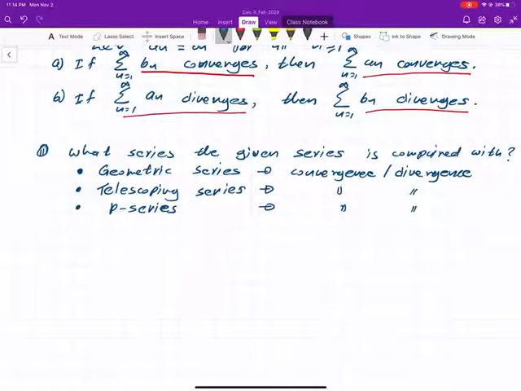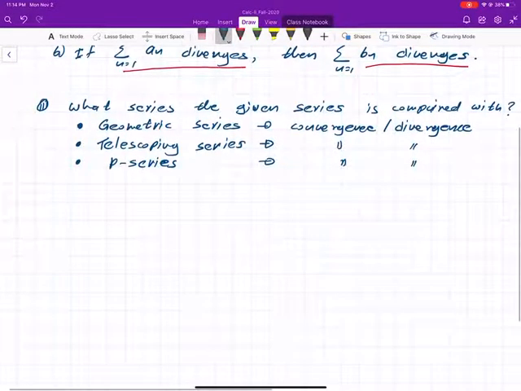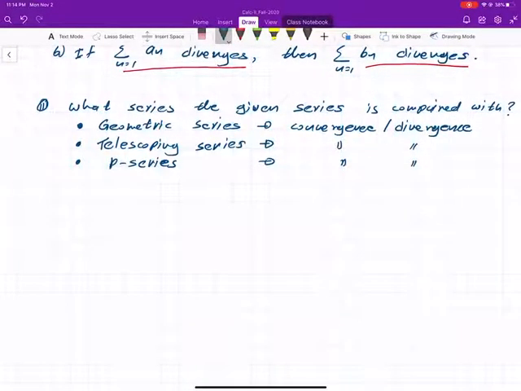All right, you learned P series in the previous section, that is the integral test. You learned integral test last week, so you know the P series. All right, so you could use these series to compare the given series with.